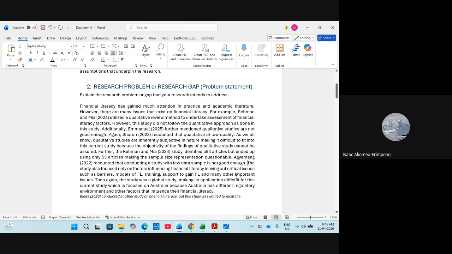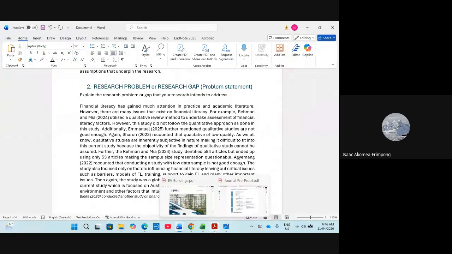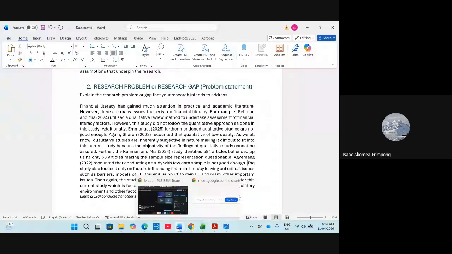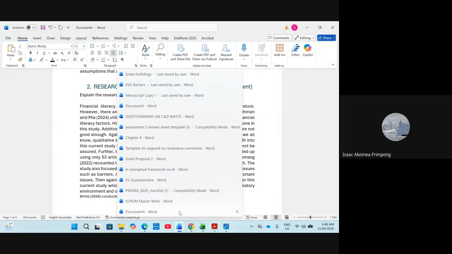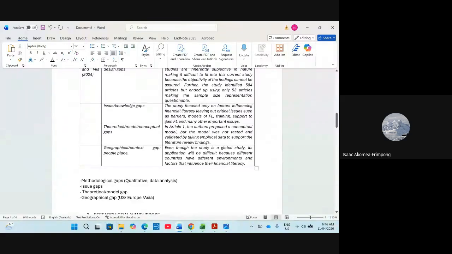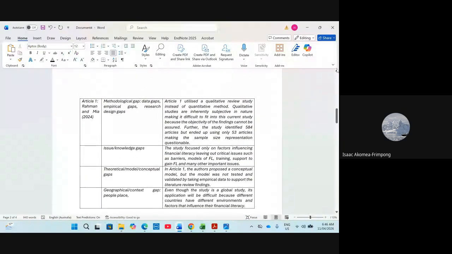What I'm trying to say is that just create an Excel sheet, and within the Excel sheet, each of the papers, analyze them the way I've done this one, and then you combine them in your write-up. You use some of the articles to support some of the gaps that you present. The gaps that you identify from other articles will support some of the gaps that you have identified in other articles. So that's how you write your problem statement.